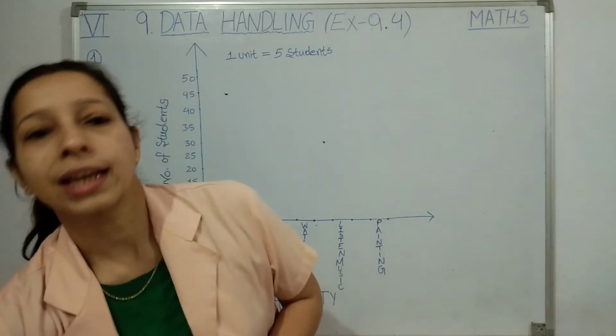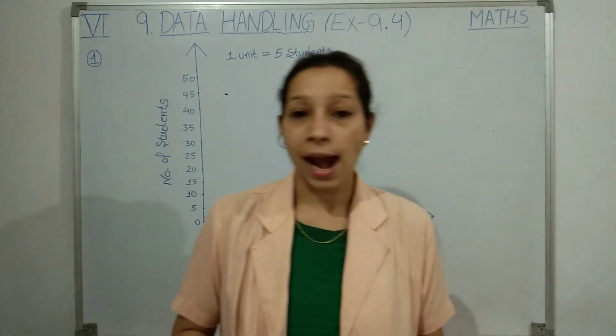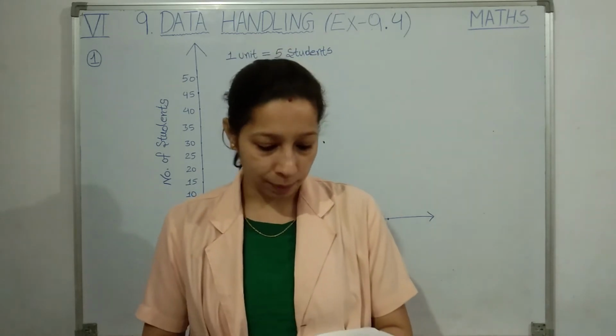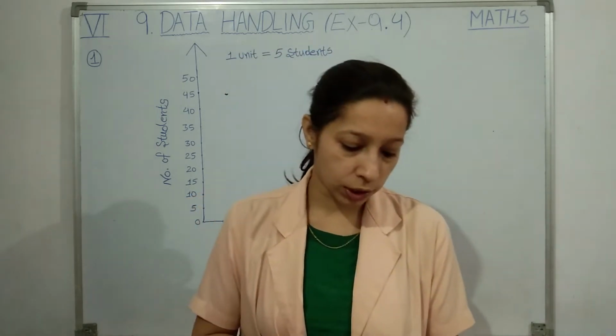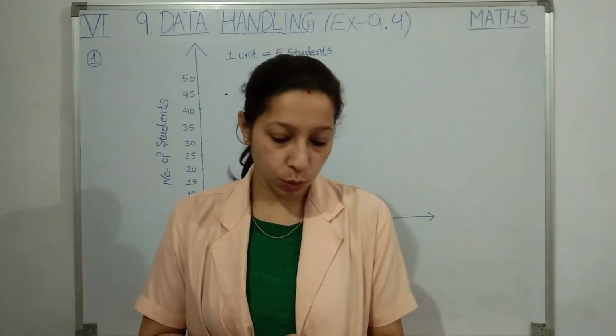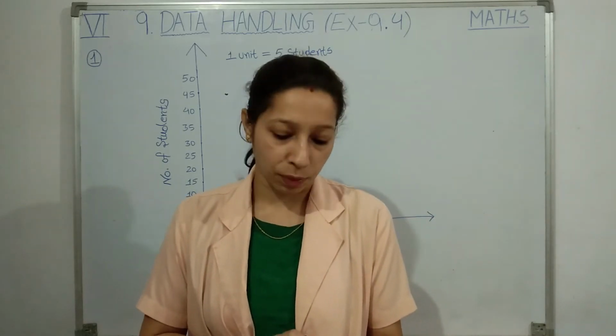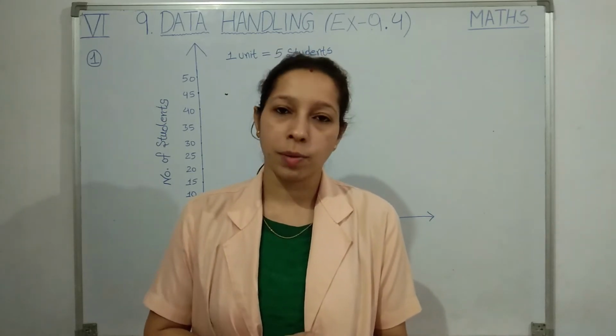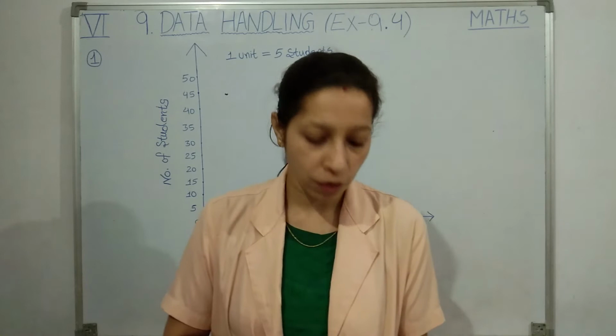Now students, without any delay, let us see our first question. And of course, you are going to draw this in your bar graph notebook. A survey of 120 school students was done to find which activity they prefer to do in their free time. You can see two columns are given. The first column is preferred activity, the next column is number of students.